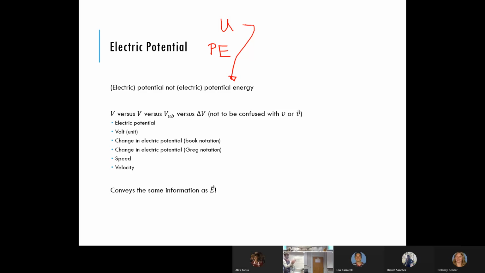Similarly, the electric field is established solely by the source charges. The electric potential is the same way. It is established only by the source charges. And then if you want some sort of interaction, you introduce whatever your system charge is.